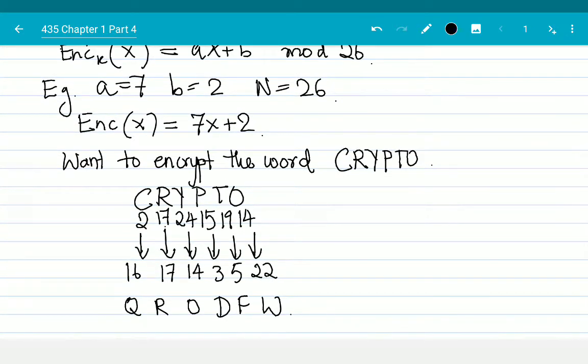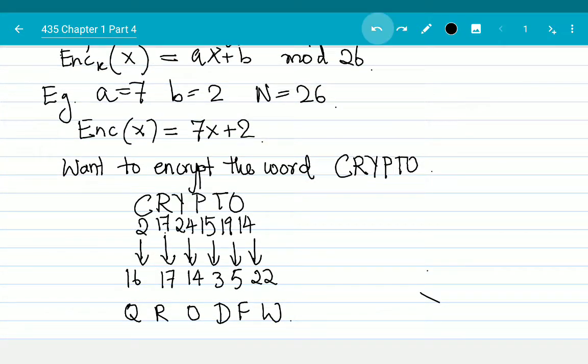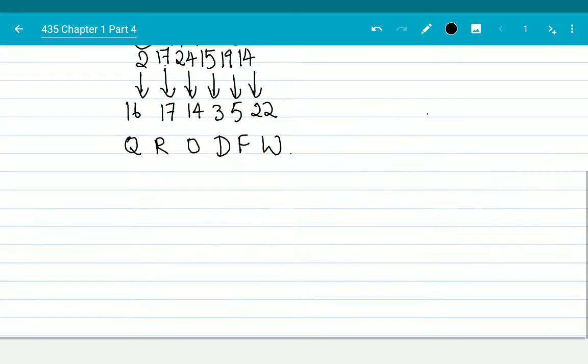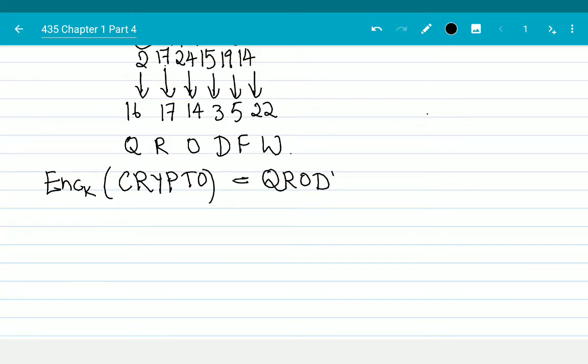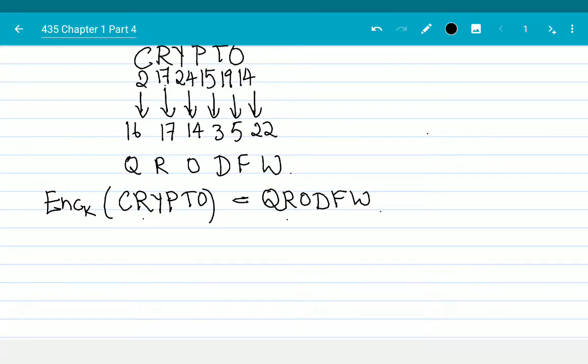Okay, so this is my encryption of the word CRYPTO: QRODFW. Now notice that the letter R went to the letter R. 17 went to 17. And that's okay. It can happen. As long as the entire thing is encrypted, we should be fine.